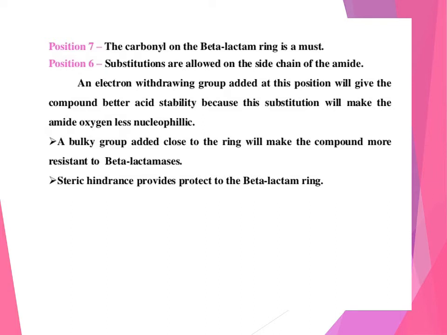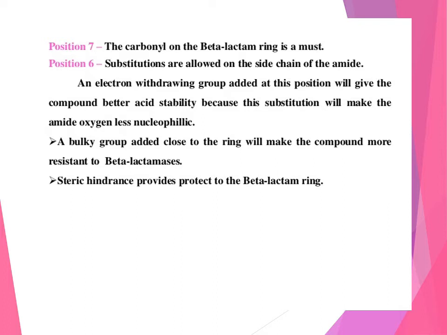Position number 6, substitutions are allowed in the side chain of the amides. An electron withdrawing group added to the position will give the compound better acid stability because this substitution will make the amide oxygen less nucleophilic. So pag meron tayong addition of electron withdrawing group, EWG, sa position number 6, this will improve the acid stability of our penicillin.